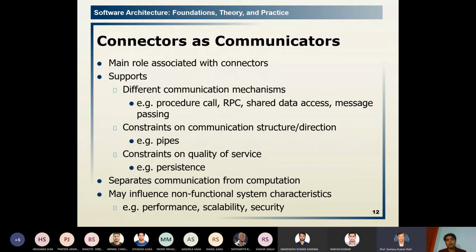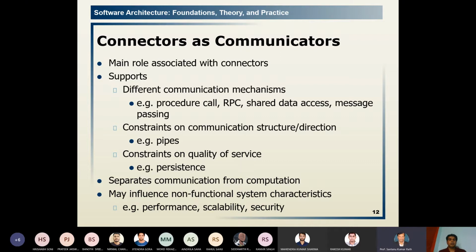Then it separates communication from computation. Communication is through the connectors. The computational part is in the components, meaning they have some application functionality for the computation. It may influence some non-functional system characteristics.